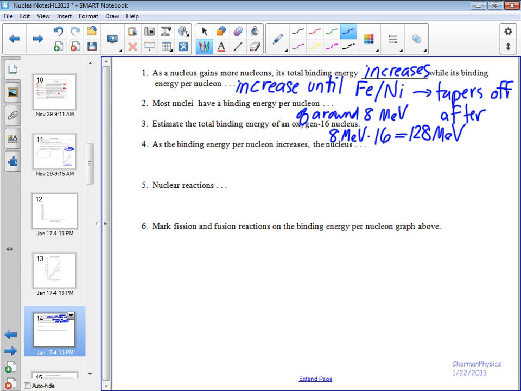So as the binding energy per nucleon increases, the nucleus is more stable. For each of these nucleons to have achieved this configuration, it's given off more energy. It's at a lower energy state, if you want to think of it like that, and that is more stable. Now, nuclear reactions, both artificial and natural, I'm going to describe both of these processes.